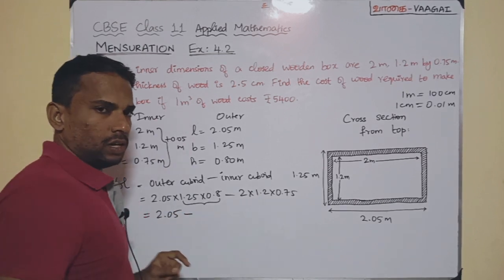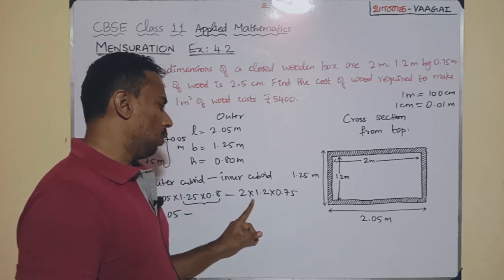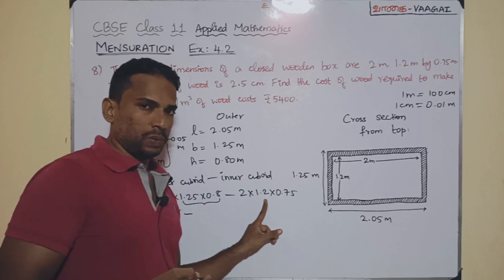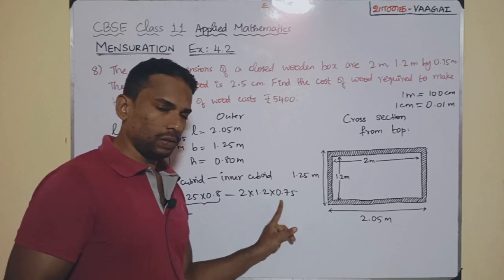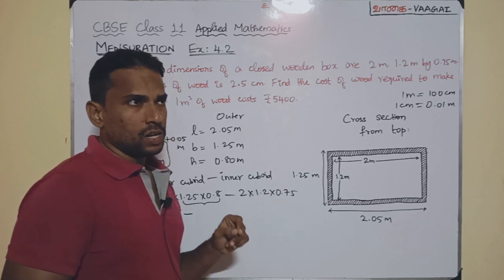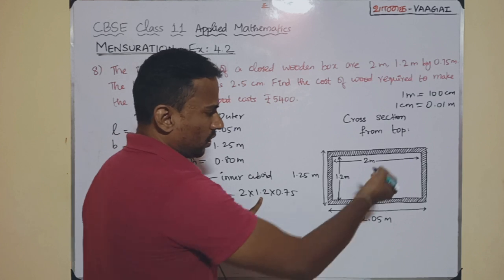Now come here. Here I will be getting 2 into 1.2 into 0.75. Now 1.2 into 0.75 will be like 1.2, which is 6 by 5, into 3 by 4. When you multiply these two, you will get 0.9. Is it or not? If you have a doubt, you can work it out separately and check it.